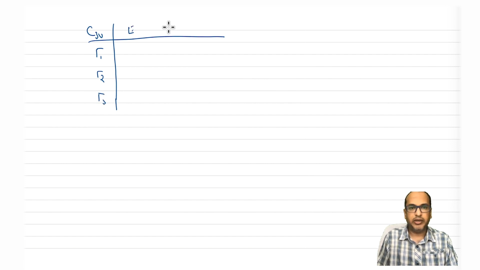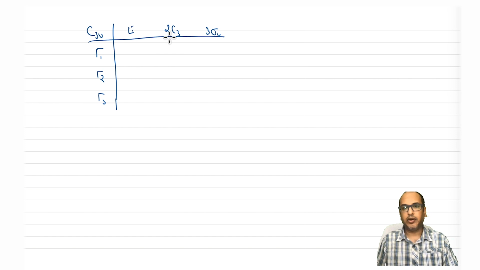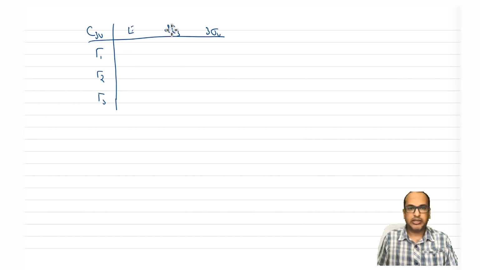So you have E, 2C3, 3 sigma V. Because I'm writing only the traces, I'm combining the class elements here, since class elements will be the same. So we have tau 1 as 1 1 1, tau 2 as 1 1 minus 1. We have seen this earlier, and tau 3 is 2 minus 1 0. There are 3 irreducible representations because there are 3 classes, right?